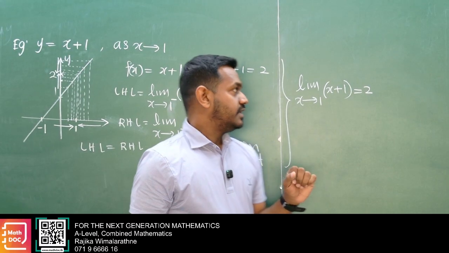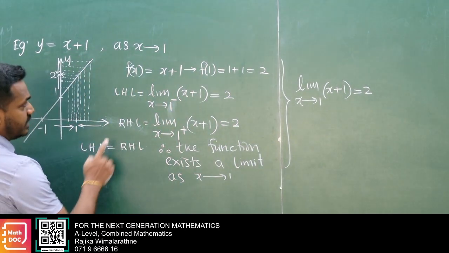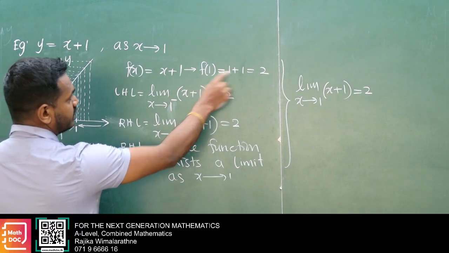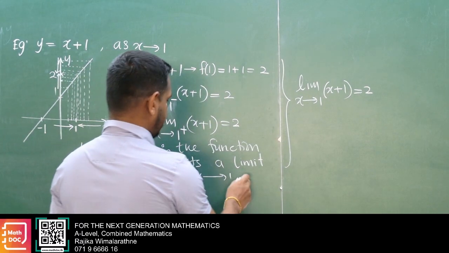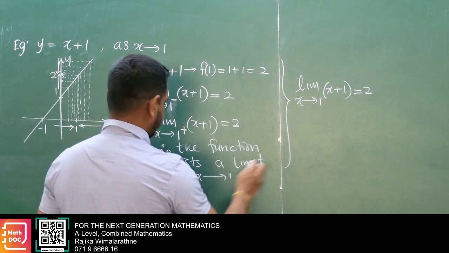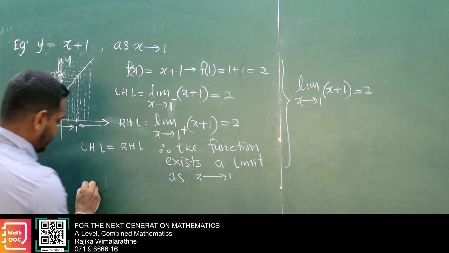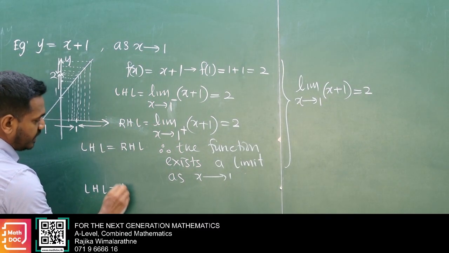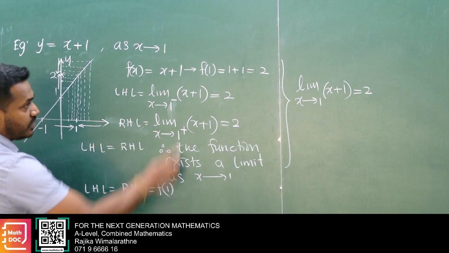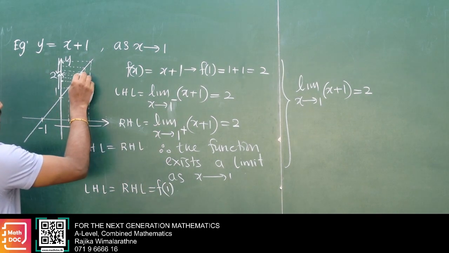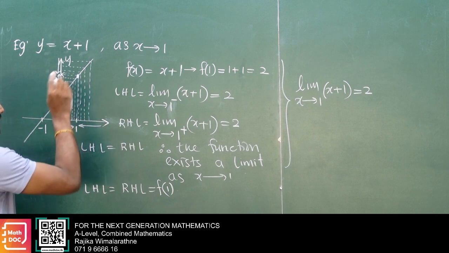Okay. Now, further, here f(1), left hand limit and right hand limit are the same. Further you say, left hand limit equals right hand limit equals f(1). All are the same, which means this point exists.